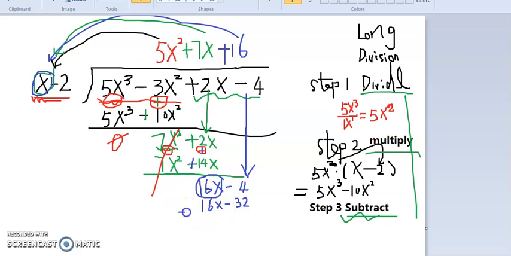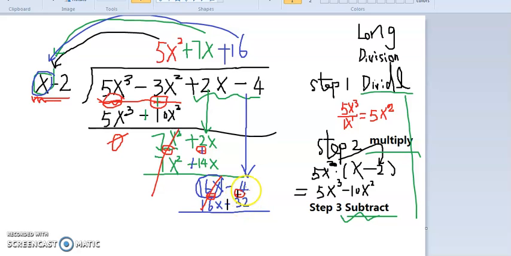Now the last step, the third step, is subtraction. So I'm going to put a minus sign here to remind myself that I'm going to do subtraction. And 16x minus 16x, they cancel. Negative 4 minus 32, we have to use the keep change rule. So keep negative 4, change minus to plus, change negative 32 to positive 32.